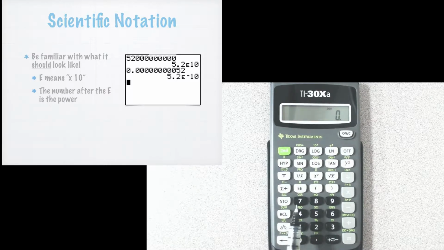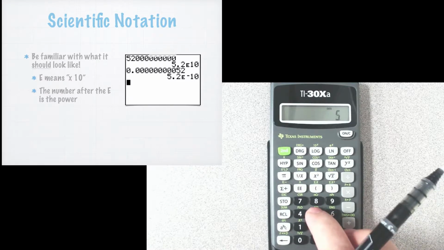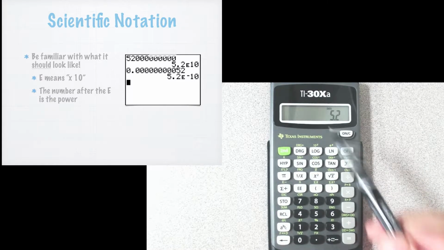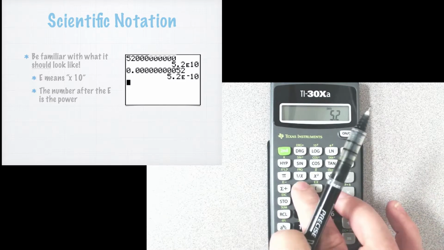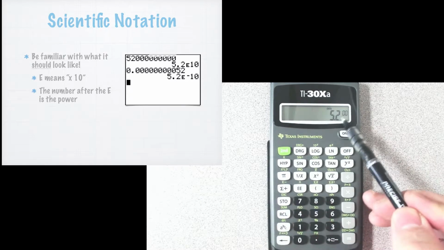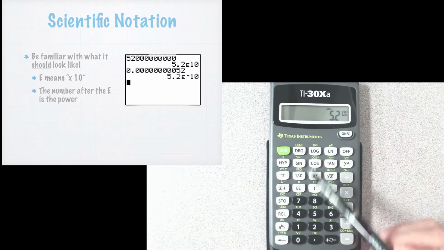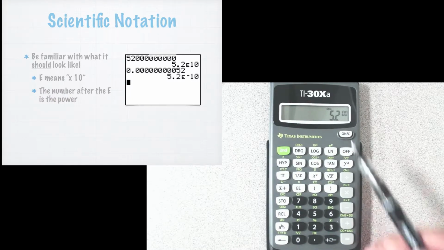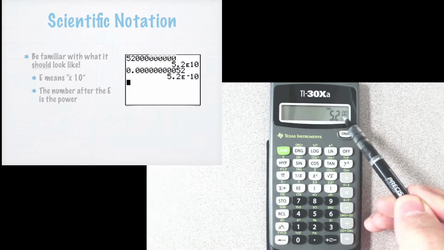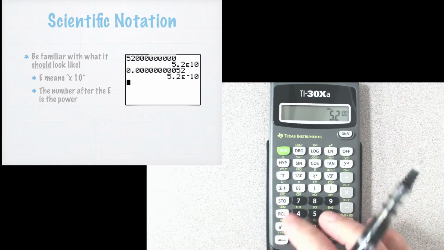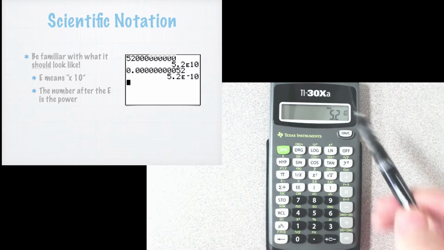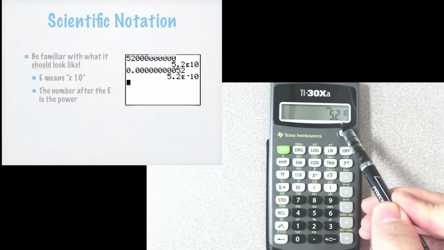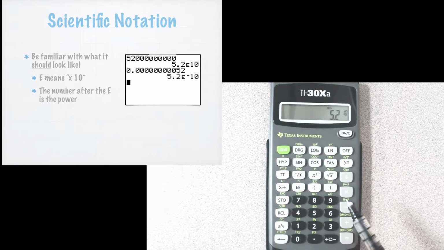So if I want to enter 5.2 times 10 to the 10th, I put in 5.2, just put in the number, then I push this button. Now notice it gave me a power here. So pushing that button automatically puts in the times 10. Now on this particular calculator, it's not showing the times 10. So I would put in 10 here.